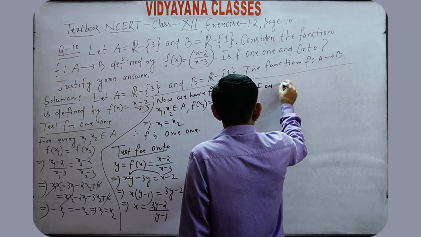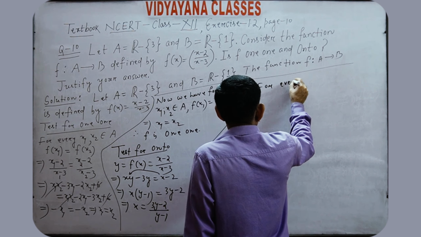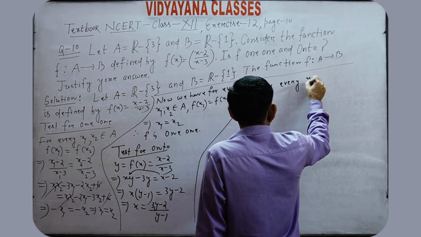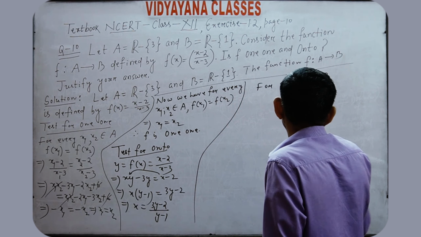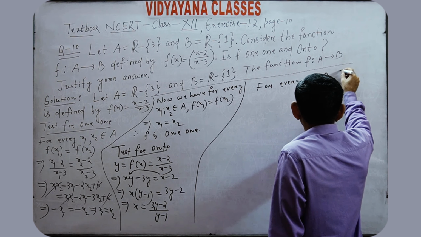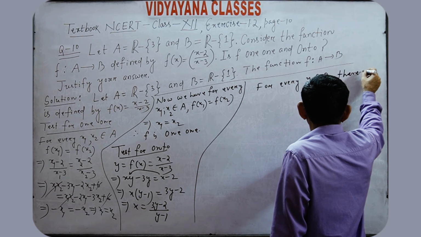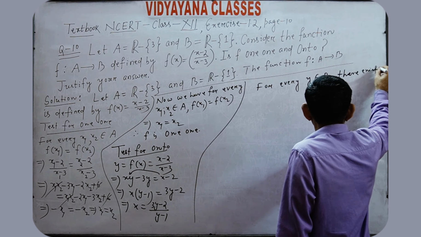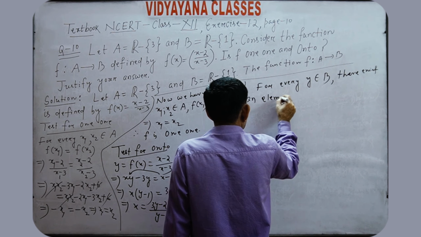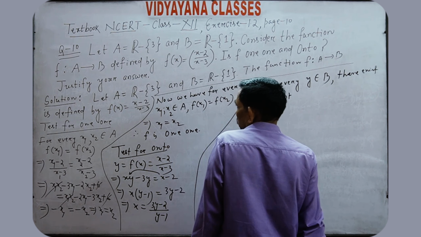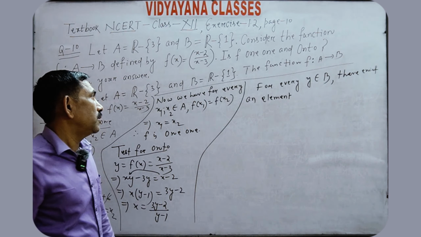For every y belonging to capital B, there exists an element, since it is 1-1.